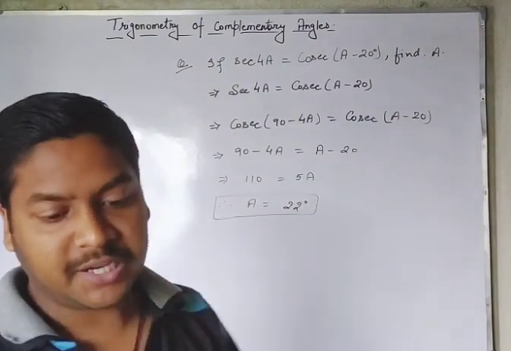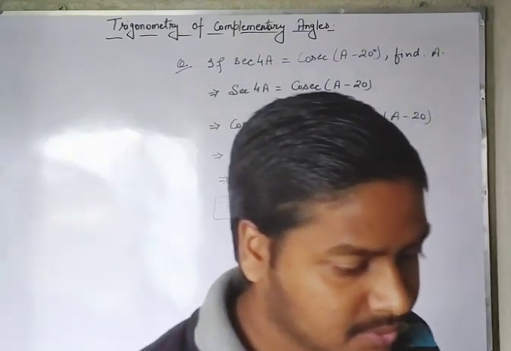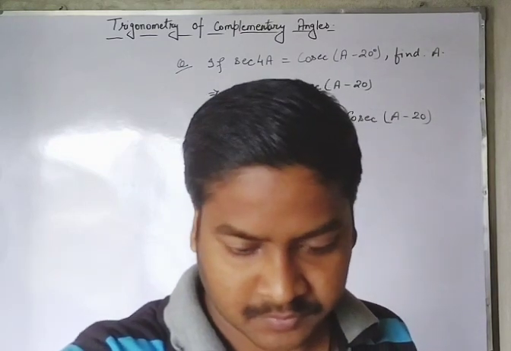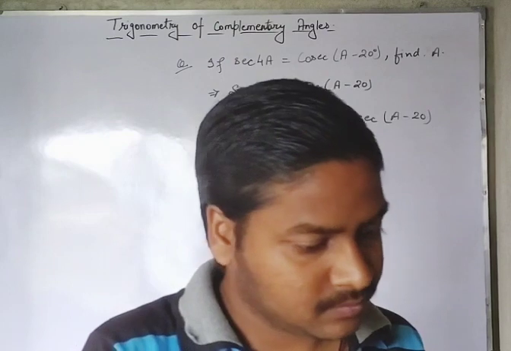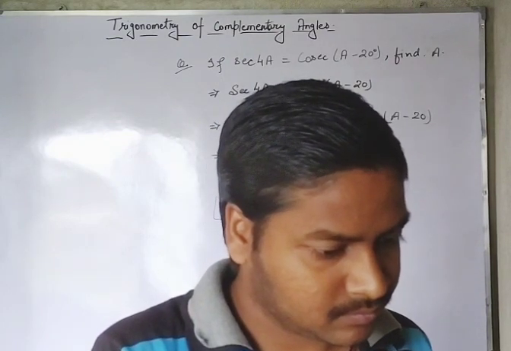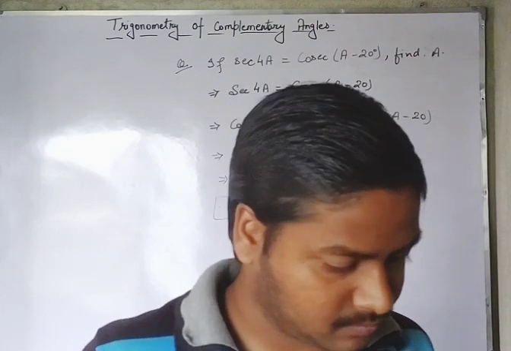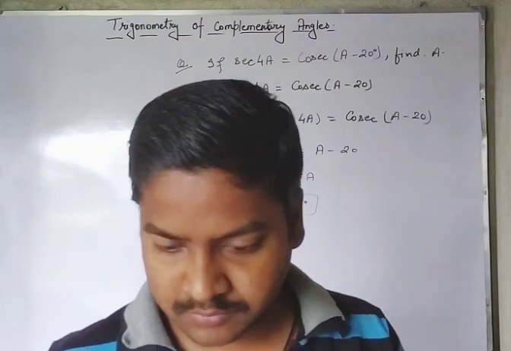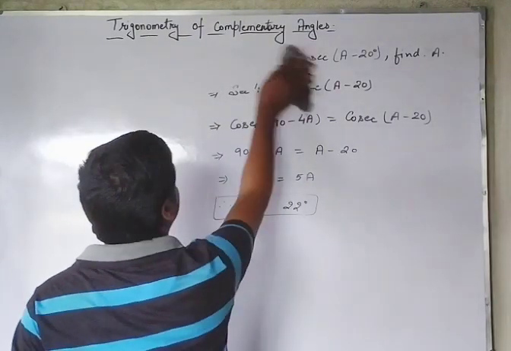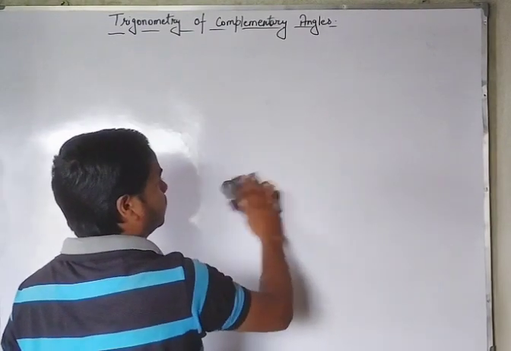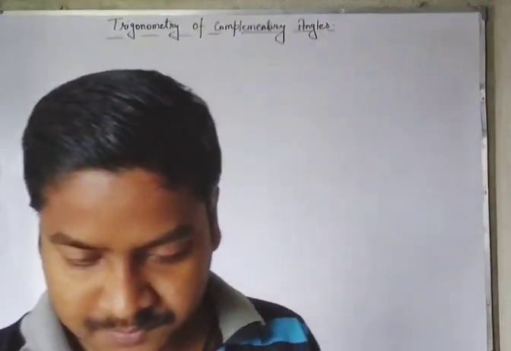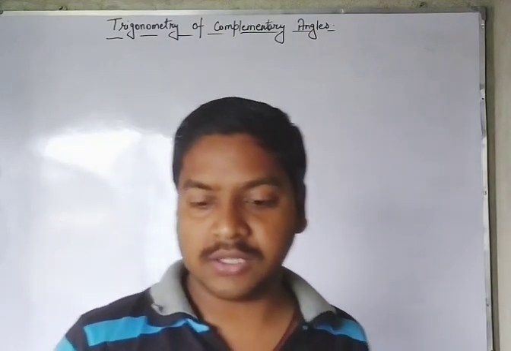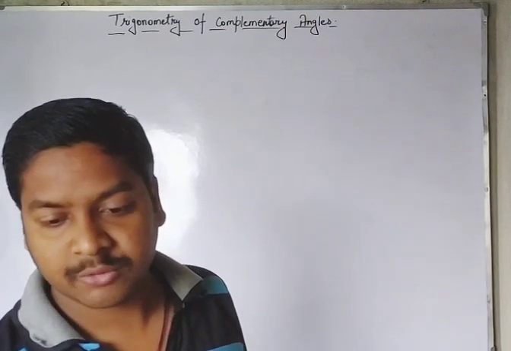Next important type of question that I have here: if there are three angles of a triangle and some part is given, we need to show something.